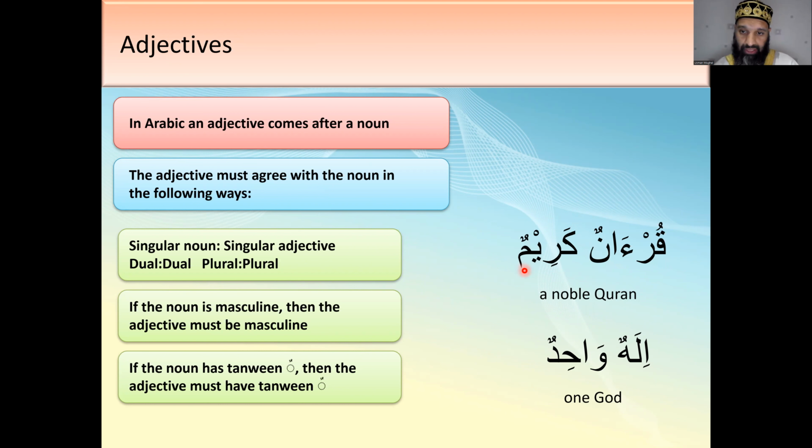And what it's saying is, if the noun is singular, then the description is also going to be in its singular form. If the noun ends in double dhamma, then the adjective, its description word, is also going to end in double dhamma. If the noun is masculine, then the adjective is also going to be in masculine form.